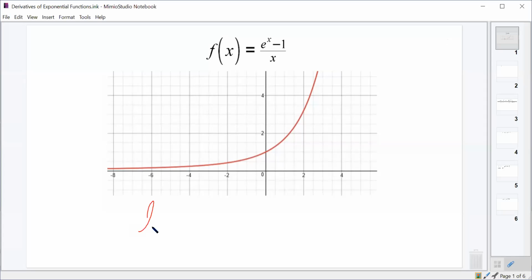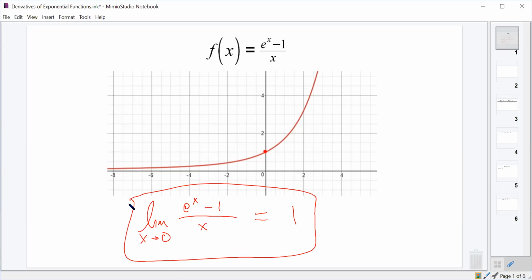What does it appear that the limit as x approaches 0 of e to the x minus 1 over x is? 1. Sure looks like it's 1, doesn't it? I will tell you this is true.